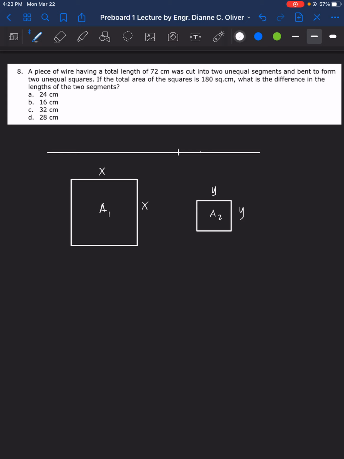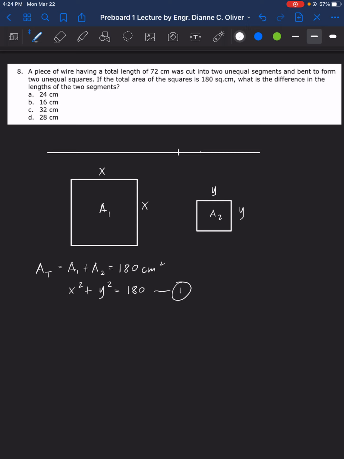It says that the total area of the squares is 180. So total area is A1 plus A2 is equal to 180 square centimeters. So for area 1, we have x squared plus, for area 2, y squared is equal to 180 square centimeters. So this becomes your equation number 1.